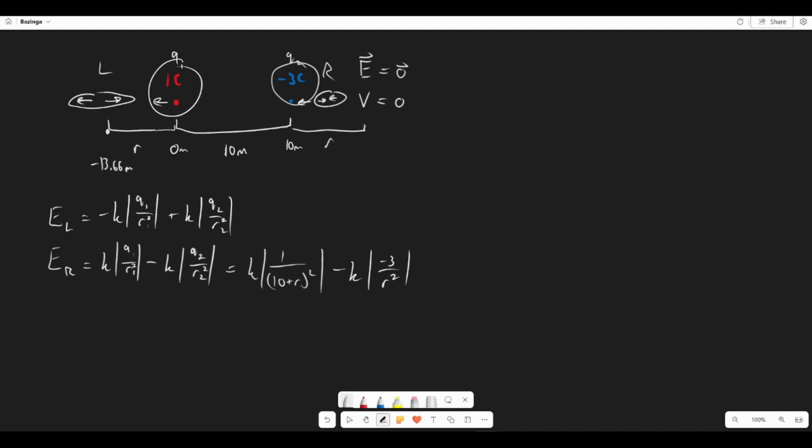If we assume, again, R is positive, we can drop the absolute value and obtain K by 10 plus R squared minus 3K by R squared, and set that equal to 0. Again, we can divide out by K, and cross multiply.